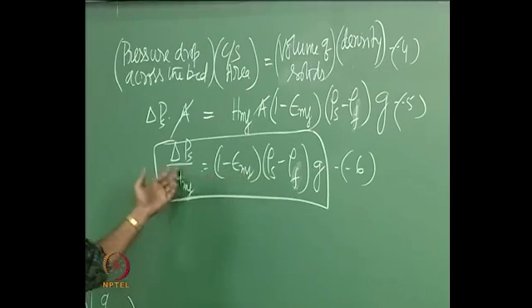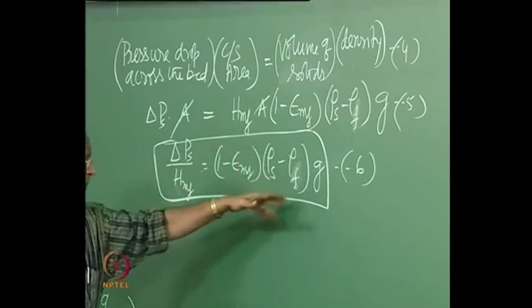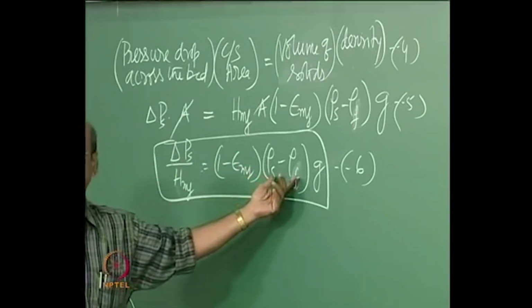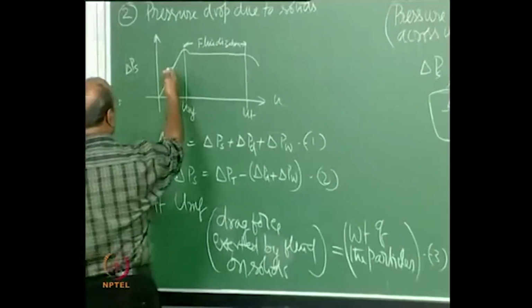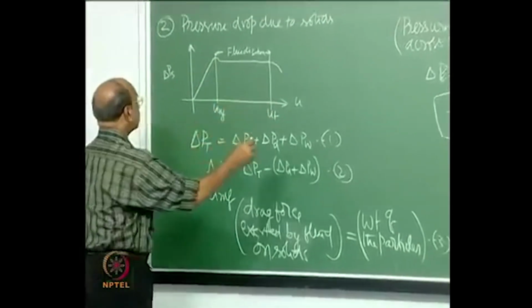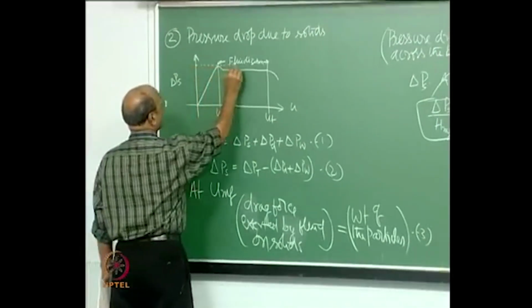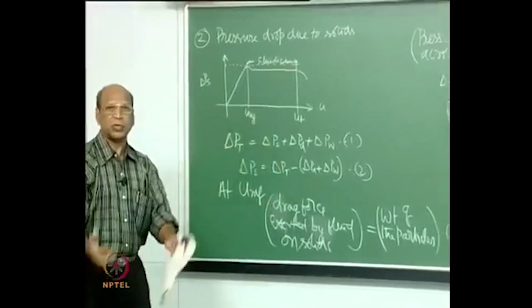So the equation becomes delta P s, and it is not much complicated. One can easily calculate delta P s, and normally when you are doing this experiment, we also draw this line.